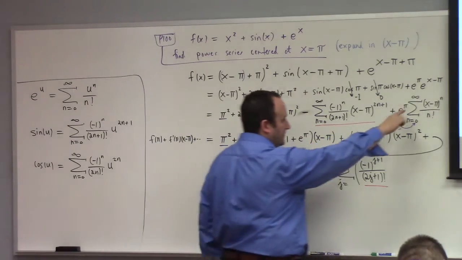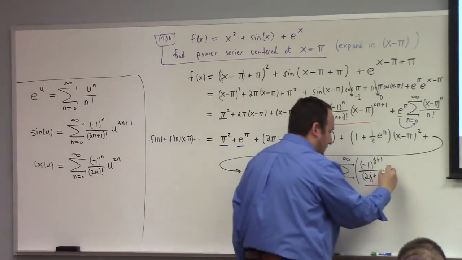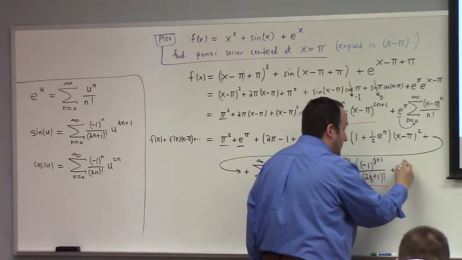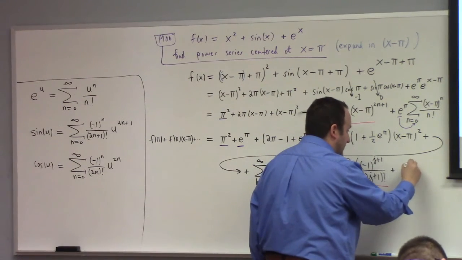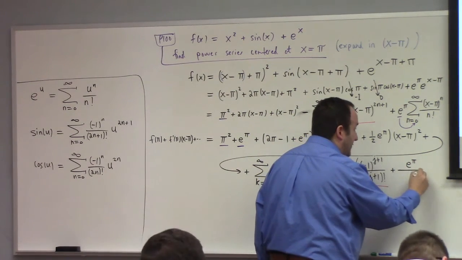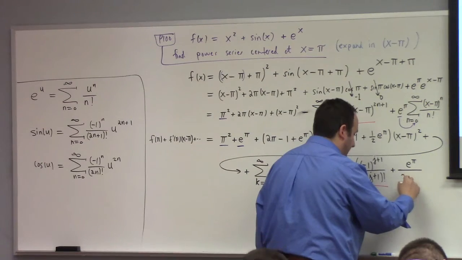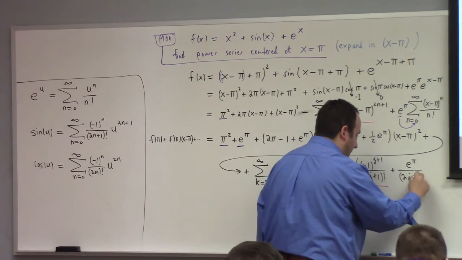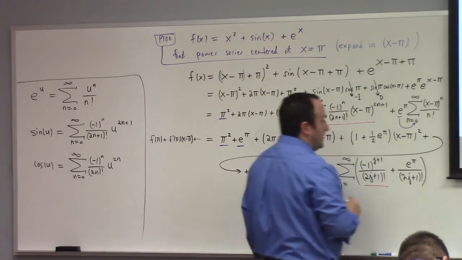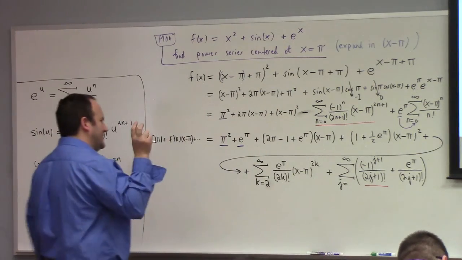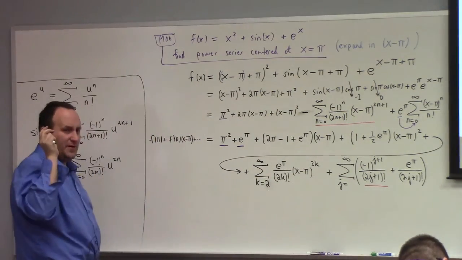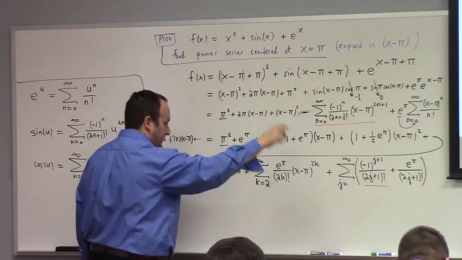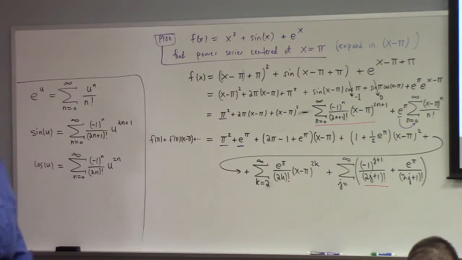Because over here, this I will actually make a perhaps less trivial step. That's e to the pi over 2j plus 1 factorial. So the odd terms from the sine series and the odd part of the exponential series is right there.